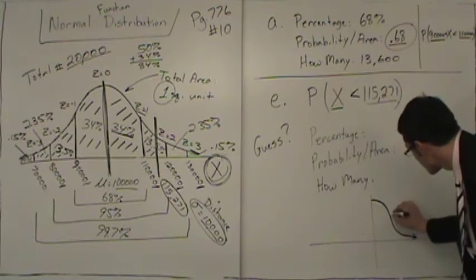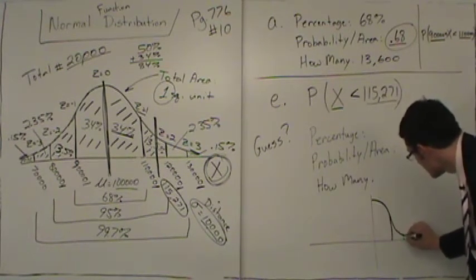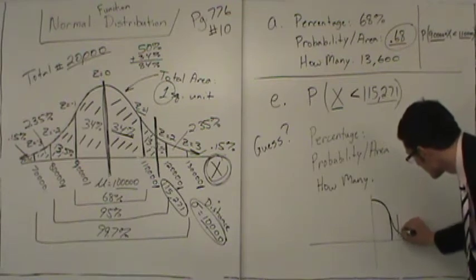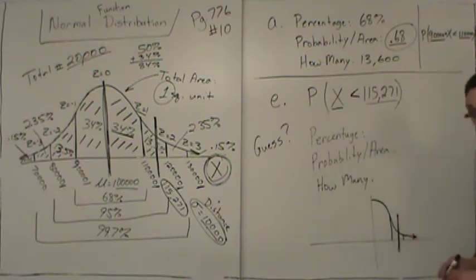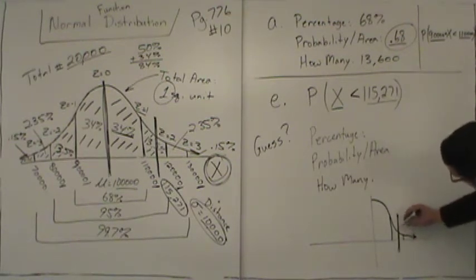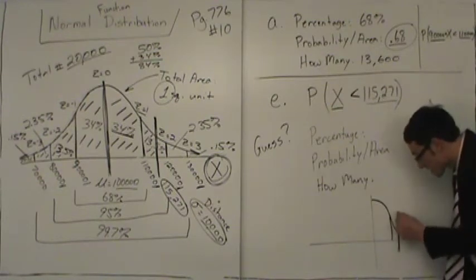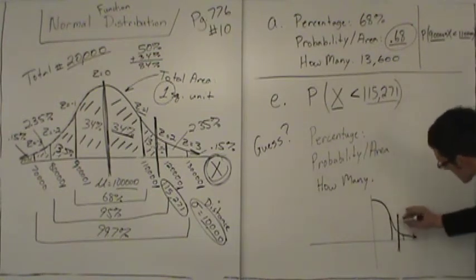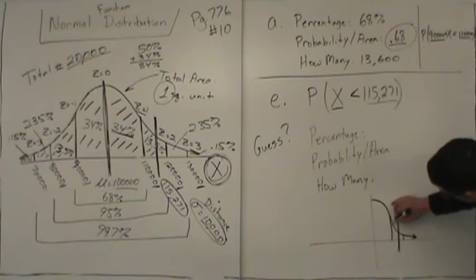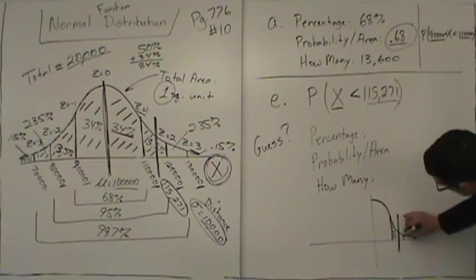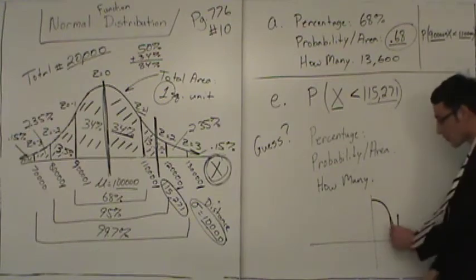If I put a line right here, is this cutting the area in half? No. Do you see that to the left of halfway is a lot more area than to the right? So we definitely have more than half.